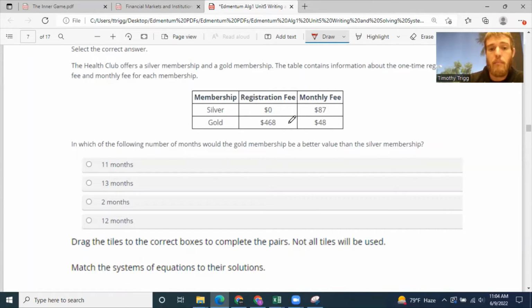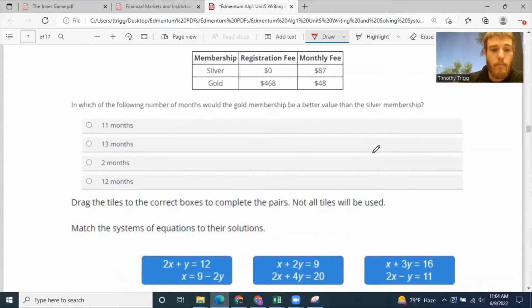The gold membership has a registration fee of $468, so you have to pay that up front. But the monthly fee is less. You see that? Monthly fee of $48. In which of the following number of months would the gold membership be a better value than the silver membership?